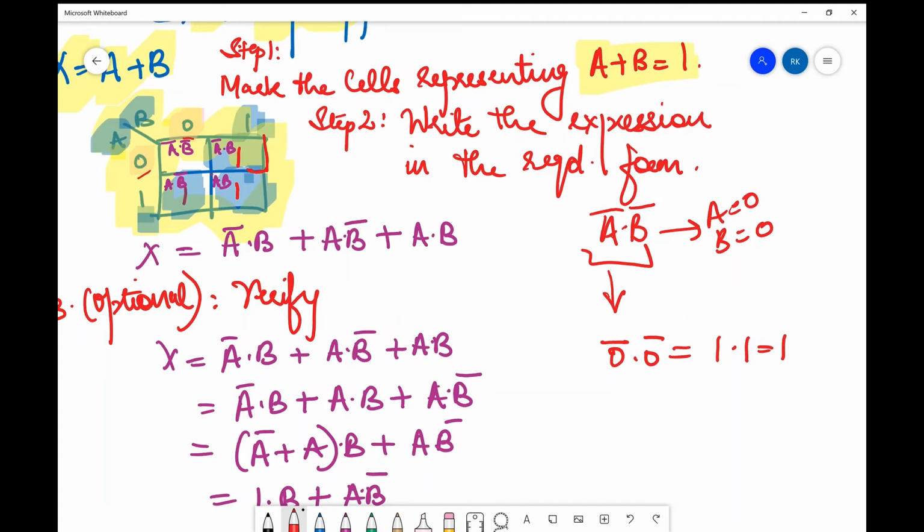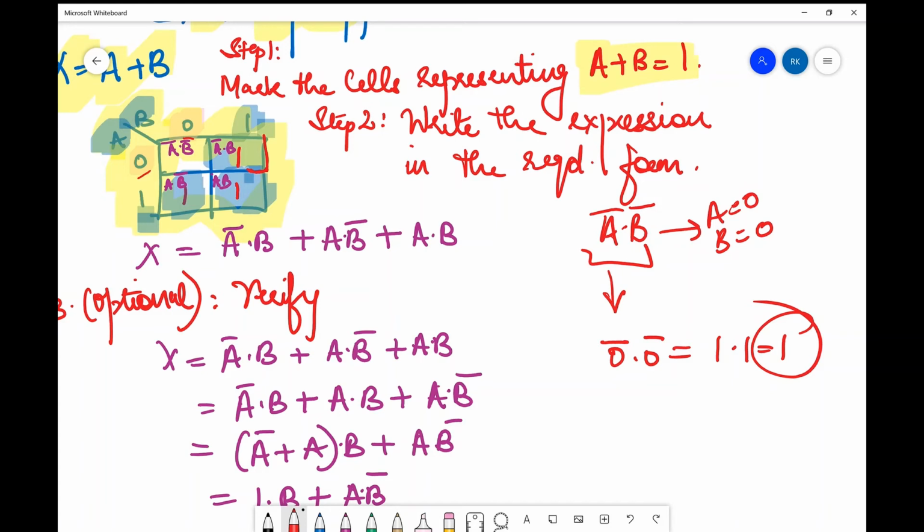So that means we are developing the logical expressions in such a manner that the cell output becomes 1, because we are representing that this cell is true.